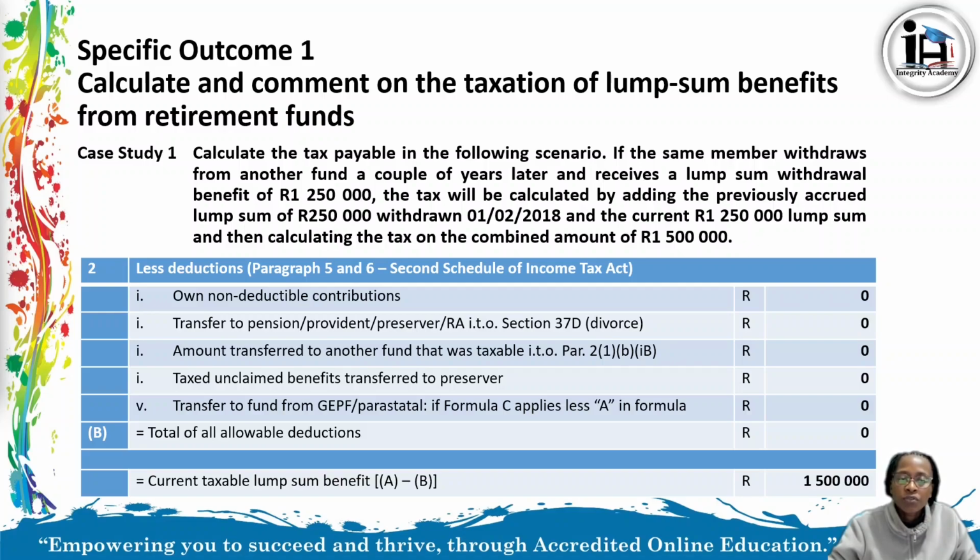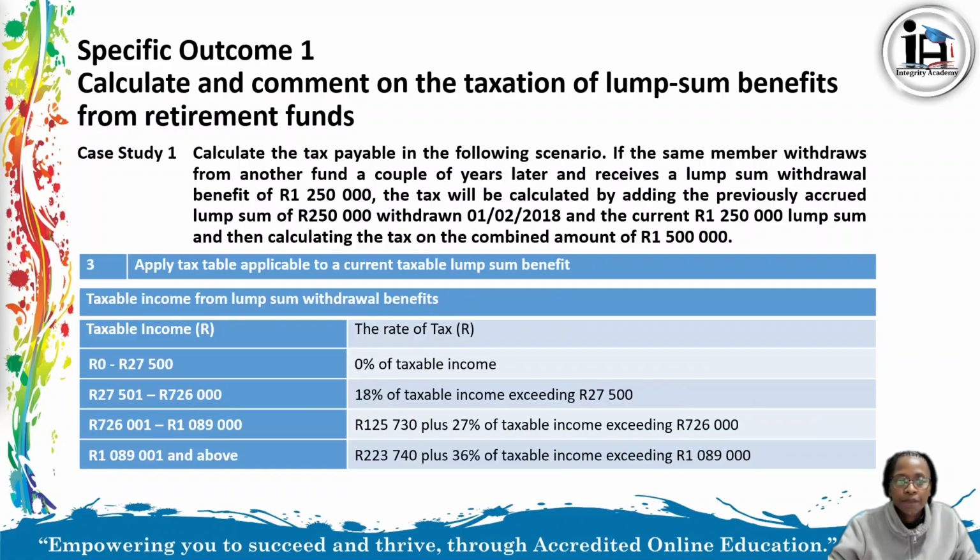Then the B, total of all allowable deductions, we don't have any. So the current taxable lump sum benefit, which is A minus B, will still be 1,500,000.